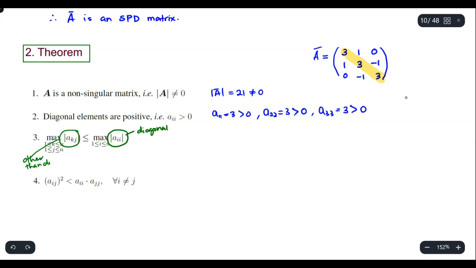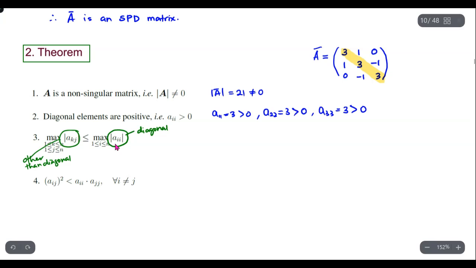You take out the element with the maximum absolute value from the elements other than the diagonal, and see whether it is less than or equal to the maximum from the diagonal elements.